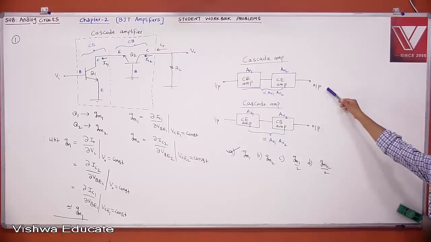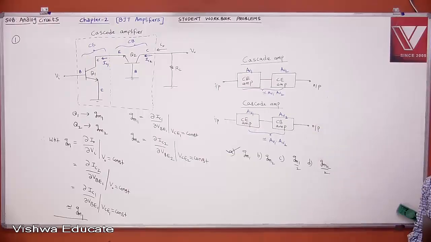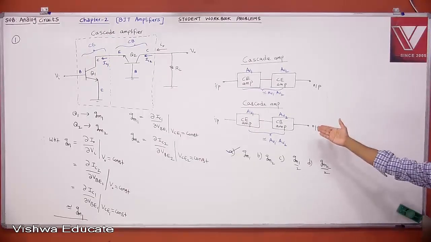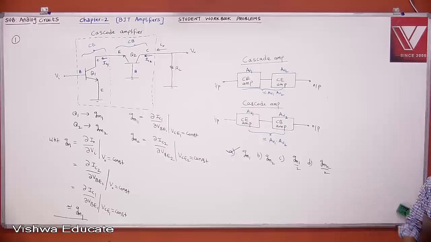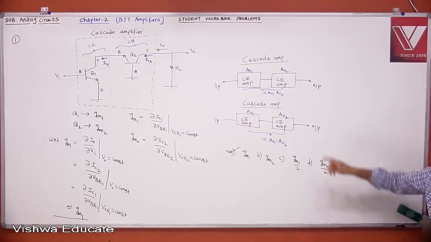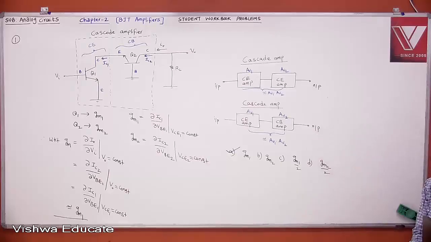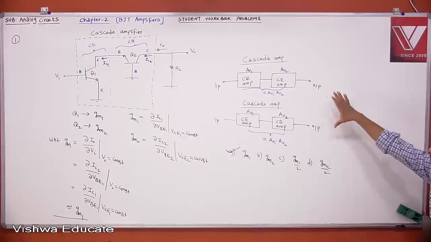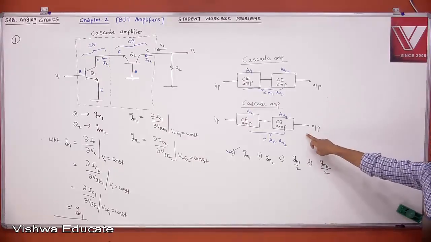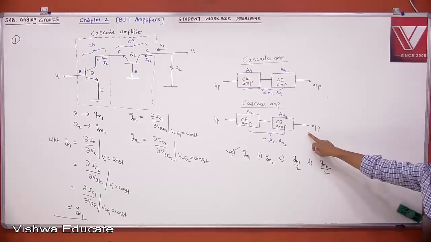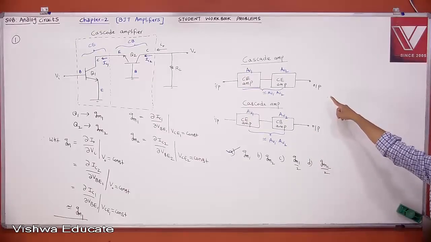Actually, if you compare cascade amplifier to cascode amplifier, your overall gain is almost the same. Both have almost the same voltage gain, improved from a single stage amplifier. But people practically use the cascode amplifier. The reason is, if you compare these two, this will have more bandwidth than this.